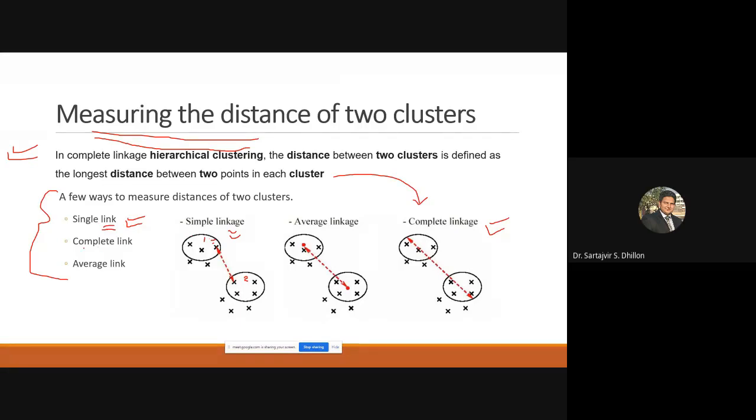In another point, there is average. So here you can see that there is an average. In average, we just take the center point, or centroid, of the cluster and identify the distance between these two clusters without any consideration towards the data points.